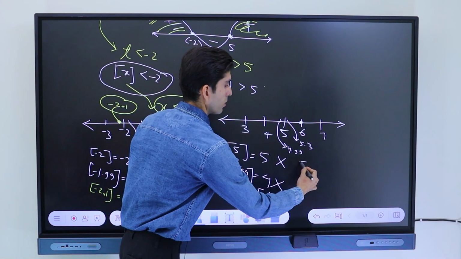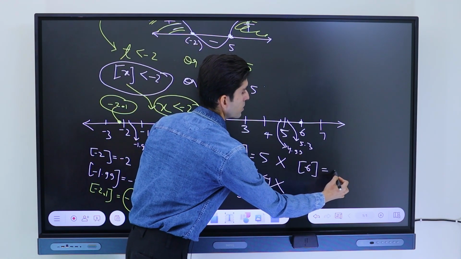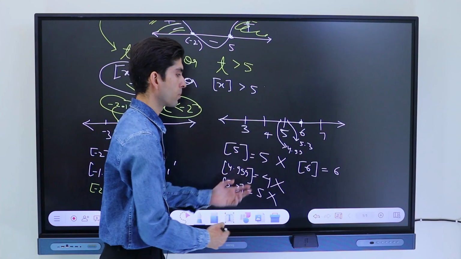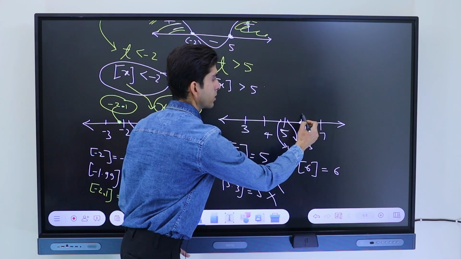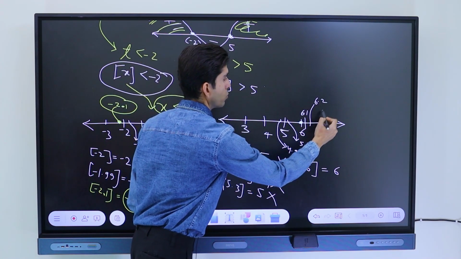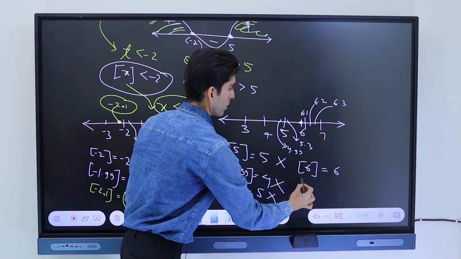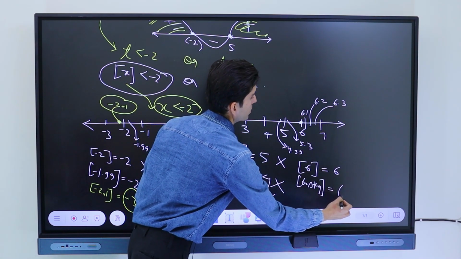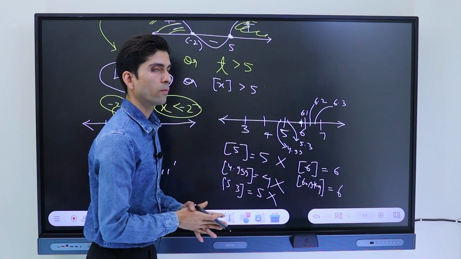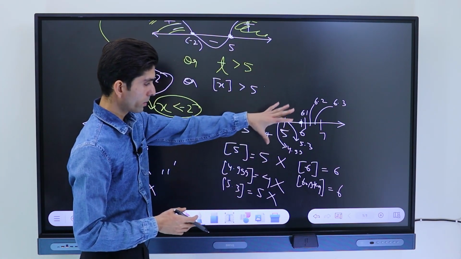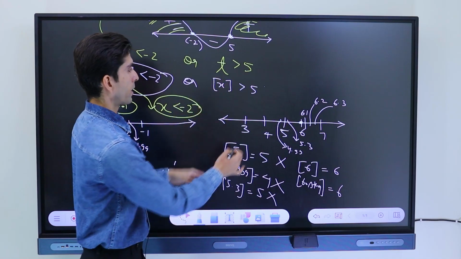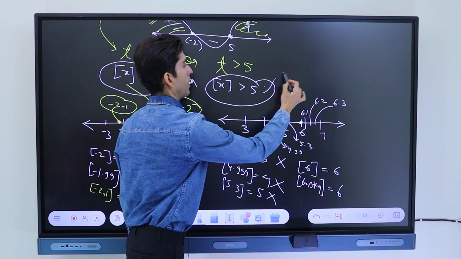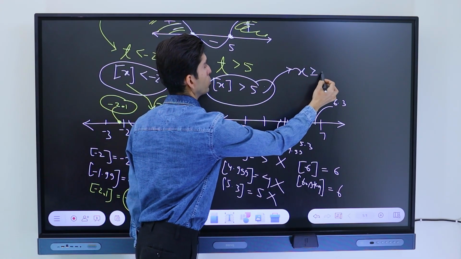Now, if you take 6, let's see what happens. The greatest integer of 6 is 6, and any number greater than 6, like 6.1 or 6.2 or 6.33, so 6 point something, will again give 6. So we understand by all this calculation that for satisfying this constraint, x has to be greater than or equal to 6.